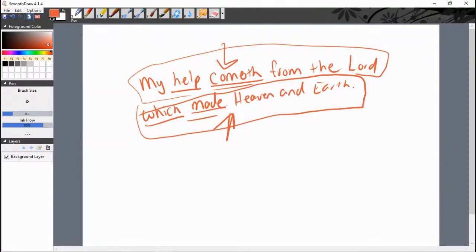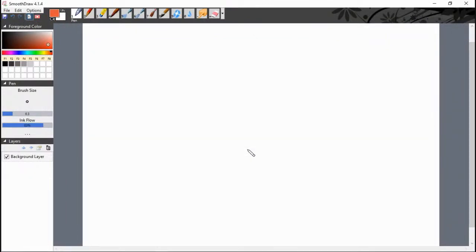Let's look at number 5. "Righteousness keepeth him that is upright in the way."